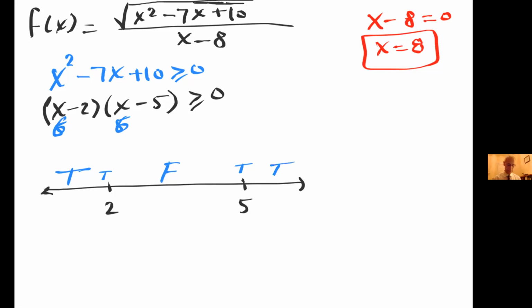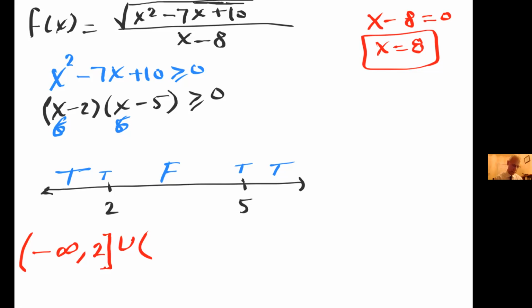So what is the domain? Starting from negative infinity all the way to 2. 2 is included, so I have to use a bracket for 2.